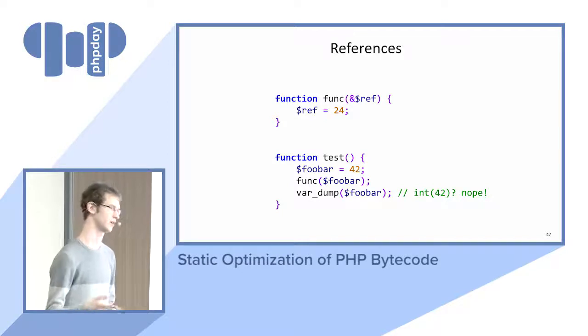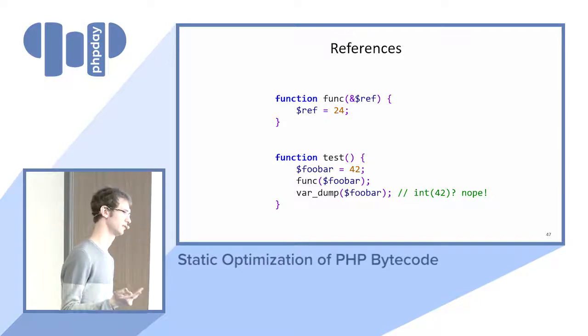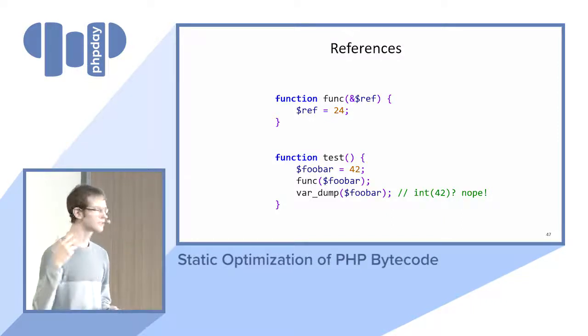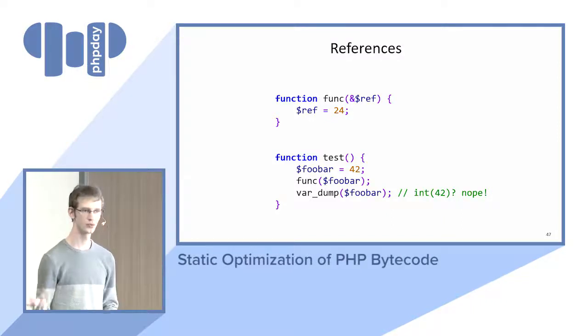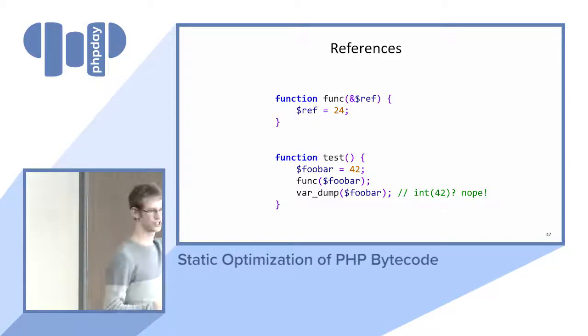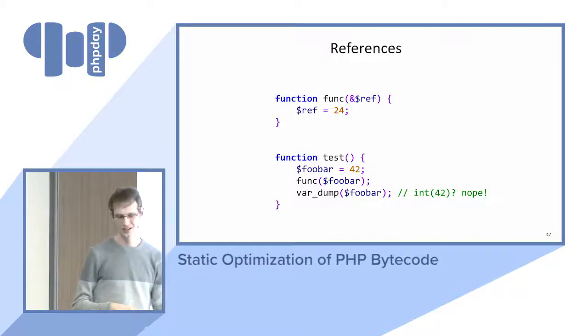And if it's accepting it by reference, then it can also modify it, in which case the optimization would no longer be valid. Of course, references are also not super common in PHP. I mean, they're more common than I'd like, but they're not all over the place. So you could also argue, okay, if there is a reference, we just don't optimize it and we're fine.